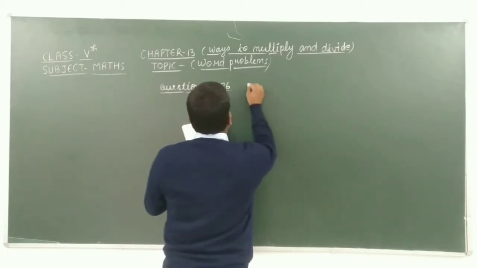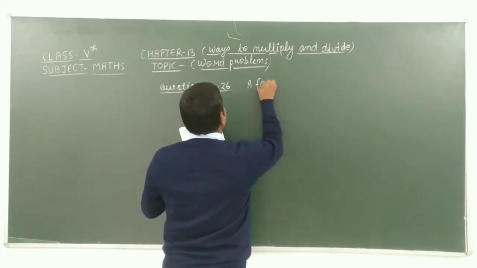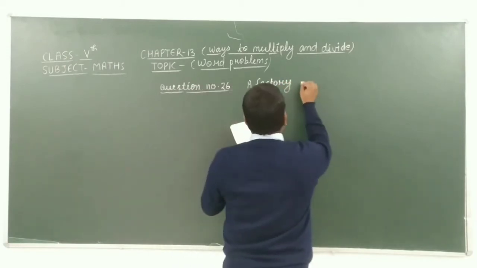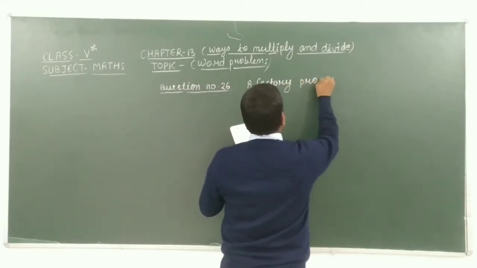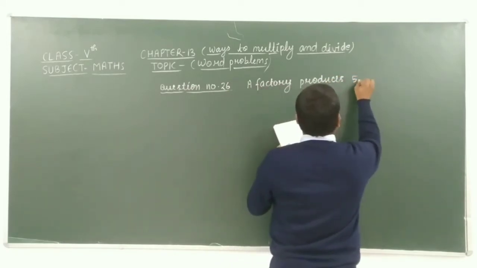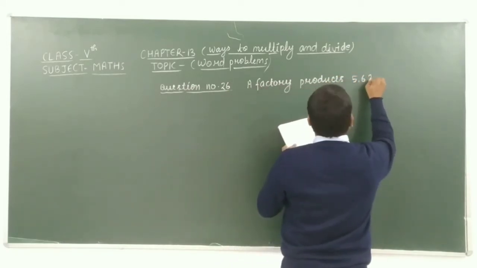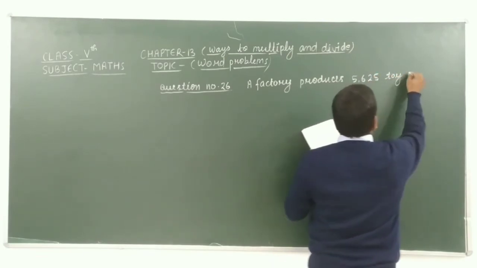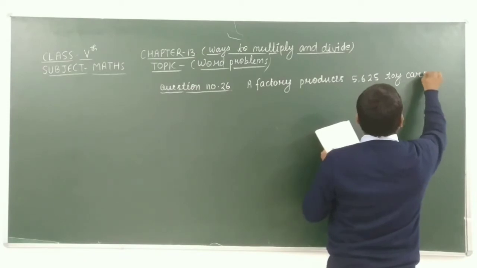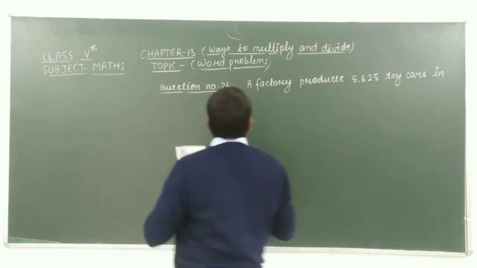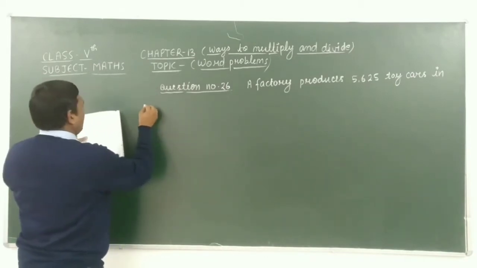A factory produces 5625 toy cars in 25 days.